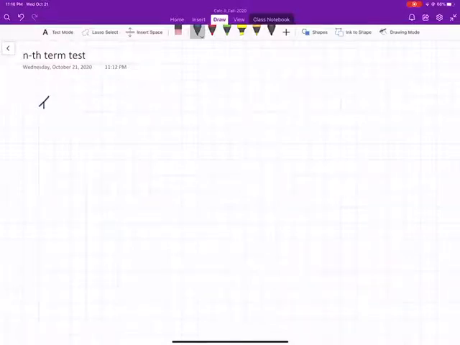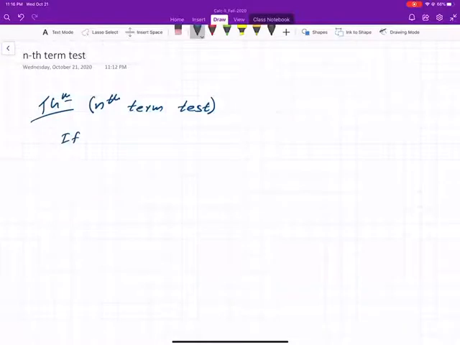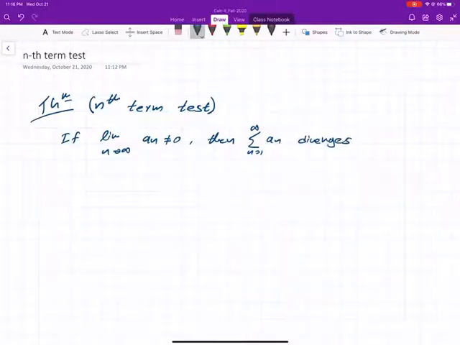Theorem. This is the n-term test theorem. If limit n goes to infinity, an does not equal to 0, then sigma n goes from 1 to infinity, an diverges.